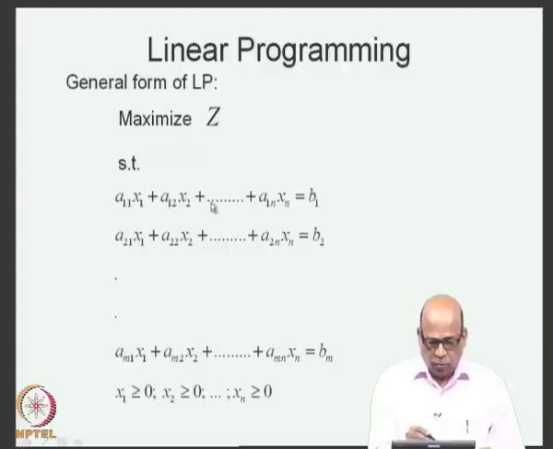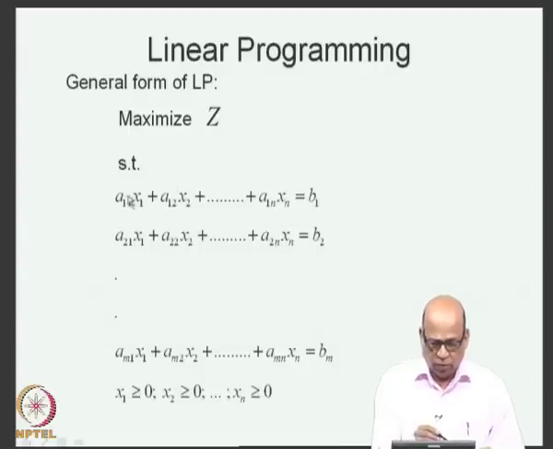A11, A12, A13, A1n etcetera, these are the coefficients of the decision variables in the constraints. So, this is the first constraint and the coefficient for the first constraint first variable is A11, first constraint second variable is A12, first constraint nth variable is A1n. Like this you have A21, A22 etcetera, A2n.